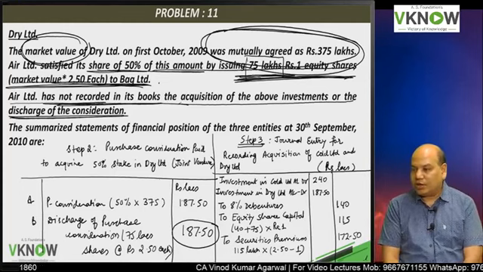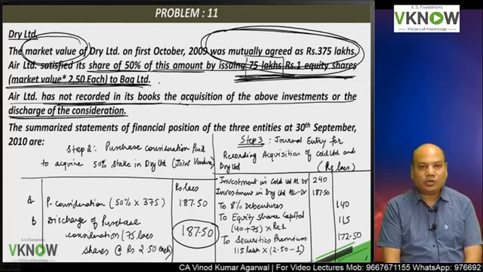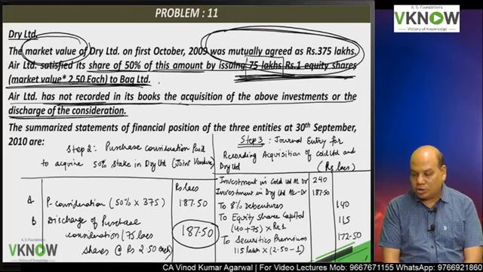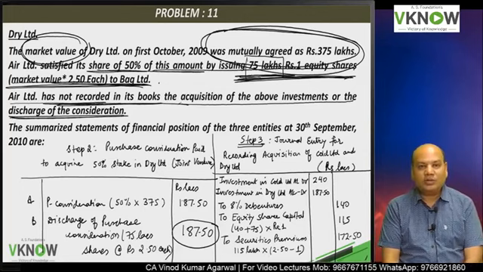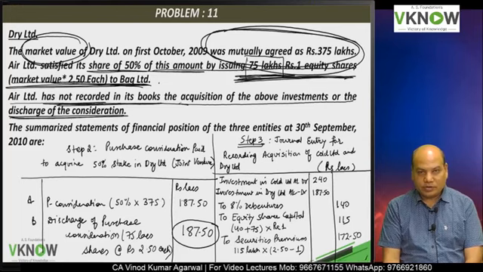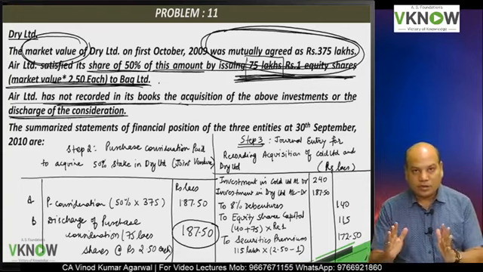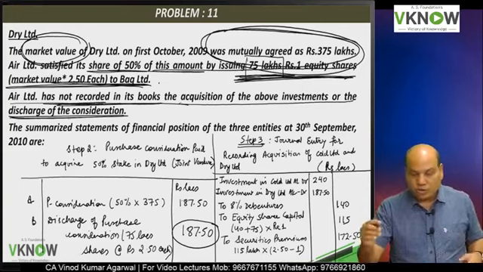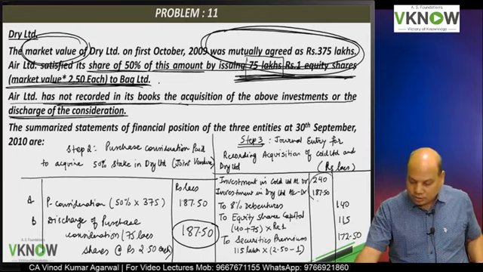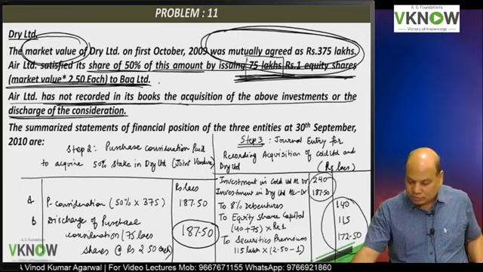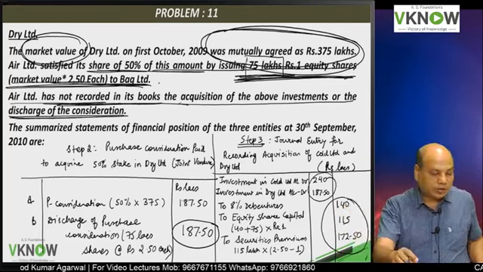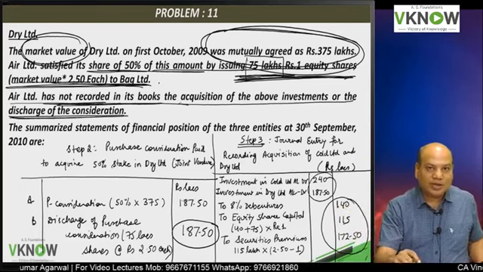This is the journal entry for recording acquisition of shares in Cold Limited and Dry Limited. Is it right? Is it understandable? So let us read further. When you are going to do consolidation, these entries will first be considered in the books of Air Limited.